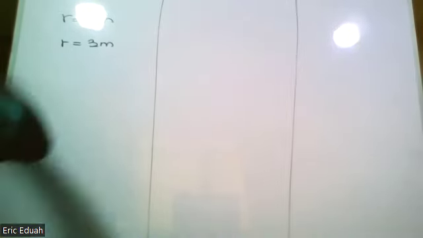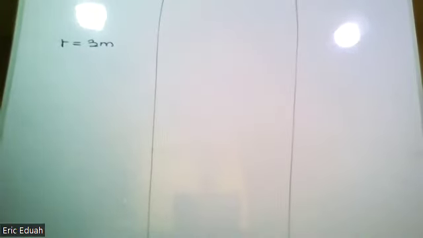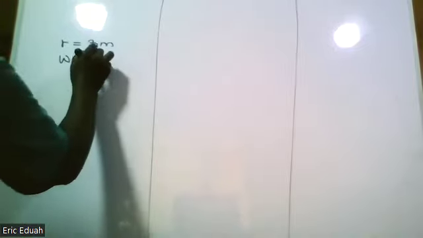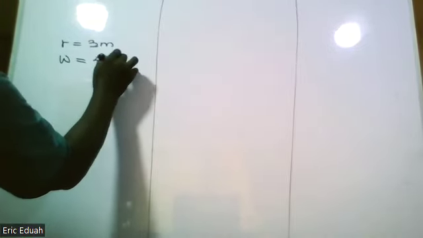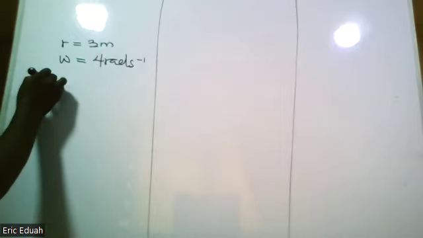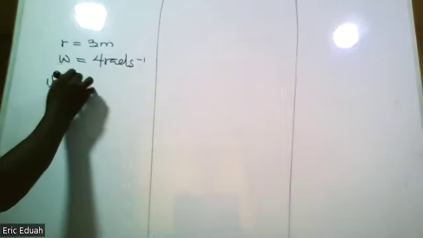Then the angular velocity omega is given as 4 radians per second. We are first to calculate the frequency, f.